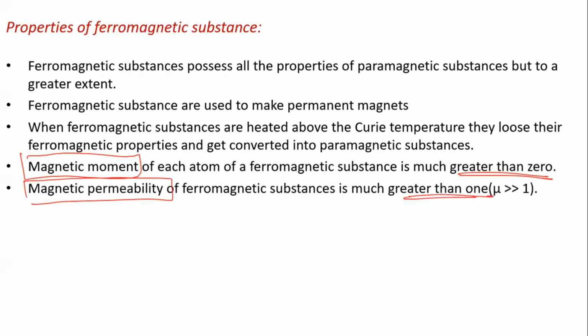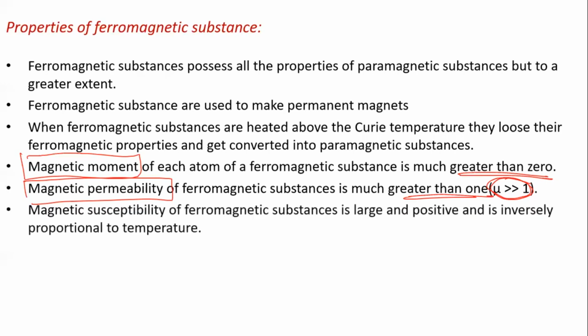I told you it shows the properties of para to a greater extent; for para it is greater than 1, here it is much greater than 1. Magnetic susceptibility: in para, susceptibility is small and positive, but here it is large and positive, and it is inversely proportional to temperature. The susceptibility and temperature relation is an inverse relation, similar to para.